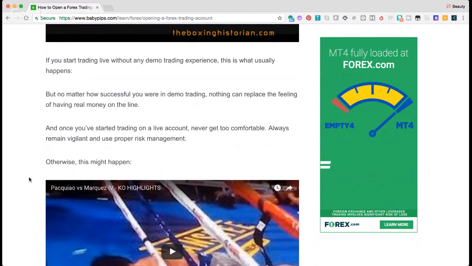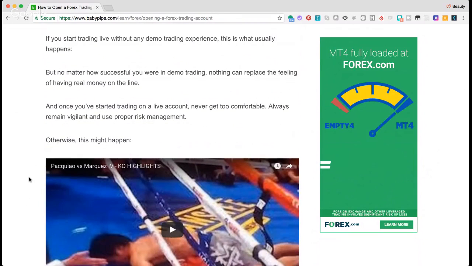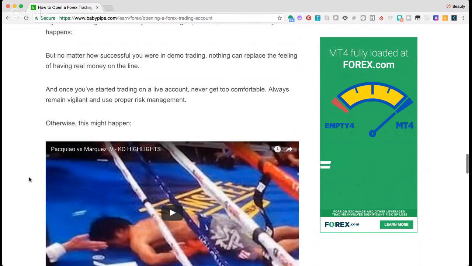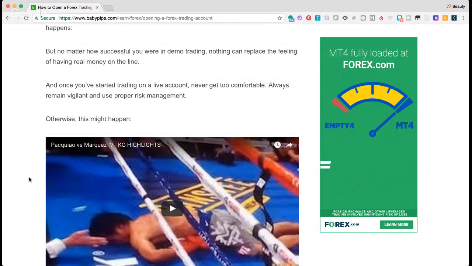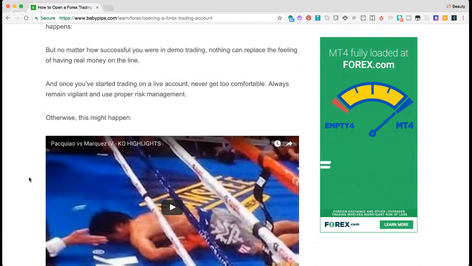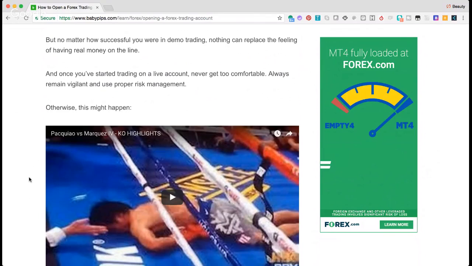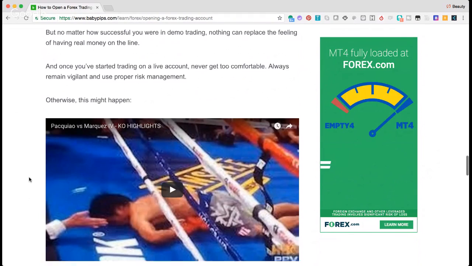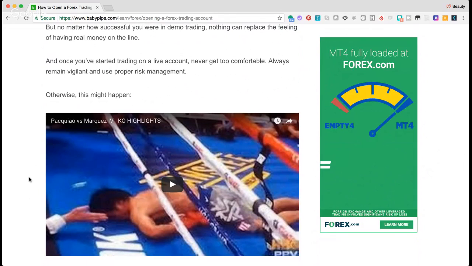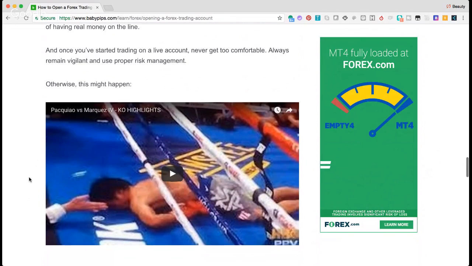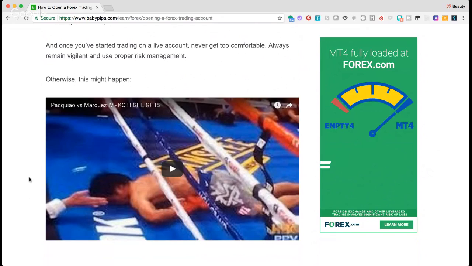But no matter how successful you are in demo trading, nothing can replace the feeling of having real money on the line. And once you've started trading on a live account, never get too comfortable. Always remain vigilant and use proper risk management. Otherwise, this might happen.